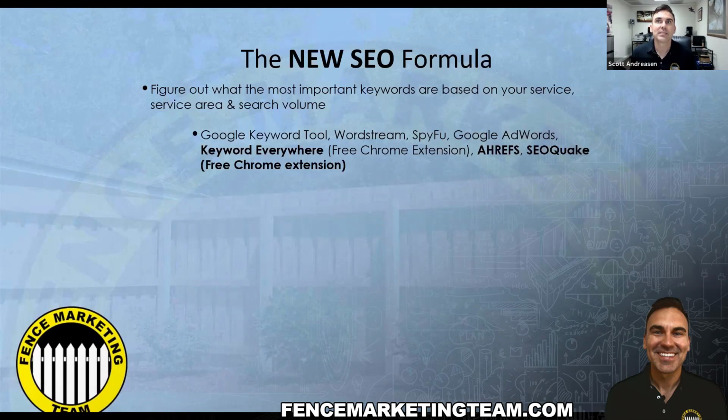Now on this, I have my little Keywords Everywhere. I turn it on. You just install it from Google Play. I'm going to go ahead and put, you know, fence companies near me in the Google search. It runs through it. And then what's very cool about this tool is not only does it give you keyword ideas, but it gives you search volume, and it also gives you cost per click for Google AdWords.